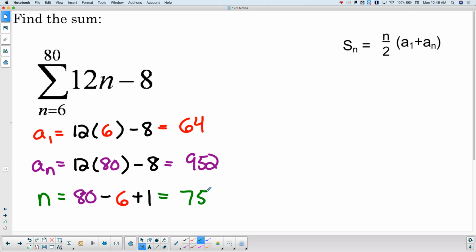Any questions on those numbers? So the sum of the first 75 terms is going to be 75 divided by 2 times 64 plus 952.